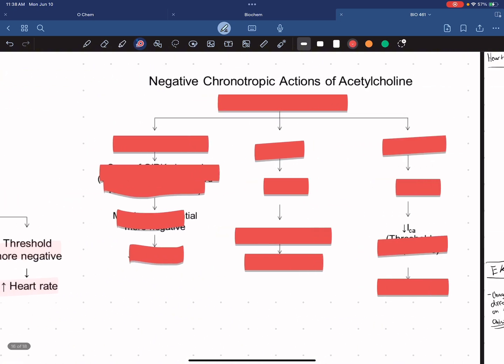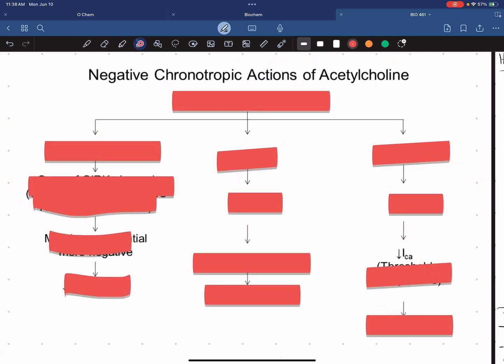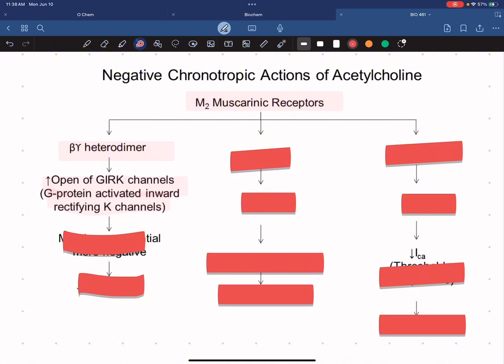Moving over to the negative actions of acetylcholine specifically, we'll start with the M2 muscarinic receptors. Starting over here at the left, we have the beta-gamma heterodimer, which leads to increased opening of the GIRK channels, the G protein-activated inward rectifying potassium channels, which will make our membrane potential more negative, or hyperpolarized, and cause a decrease in our heart rate.